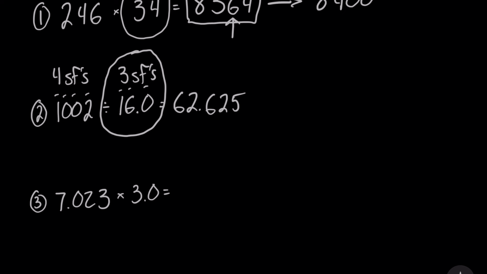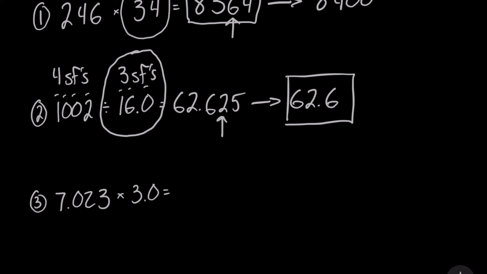So if we round this to 3 significant figures, we have to round to 62.6. So 62.6 should be our final answer. Again, the digit we're rounding off is this 2, because it is less than 5, we must round down, so that's how we get our final answer of 62.6.